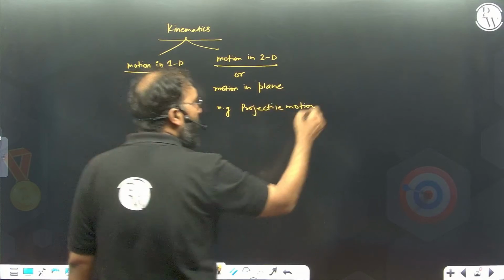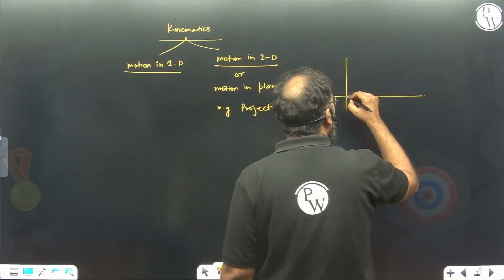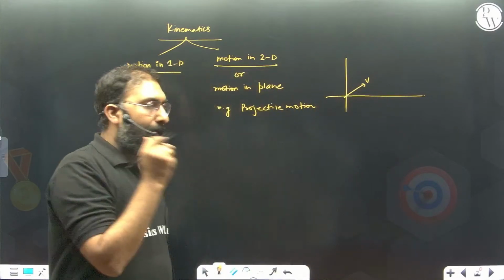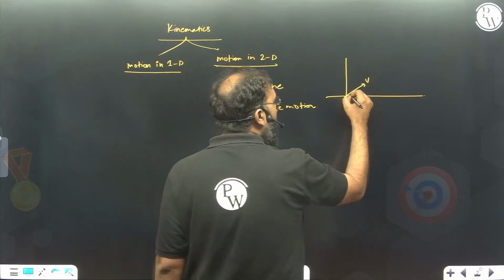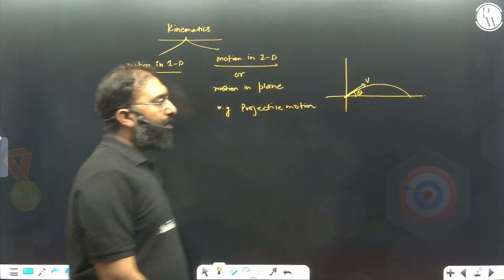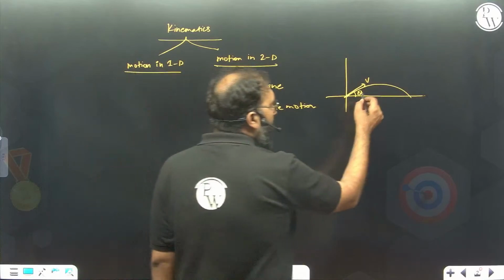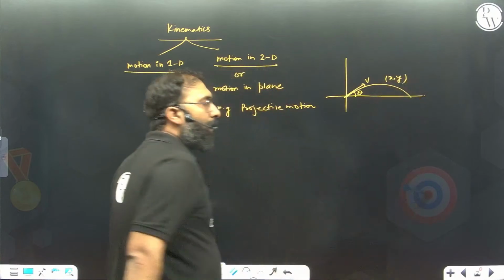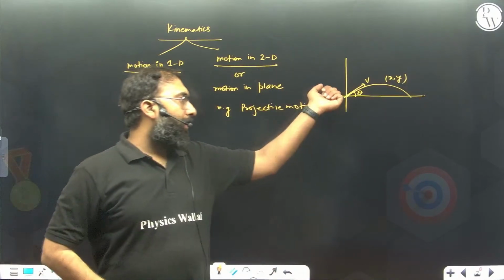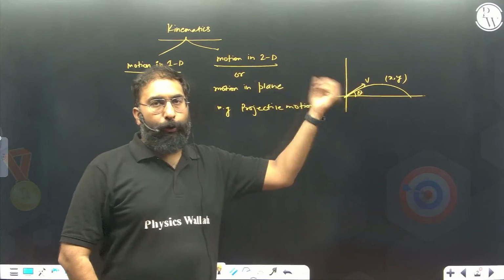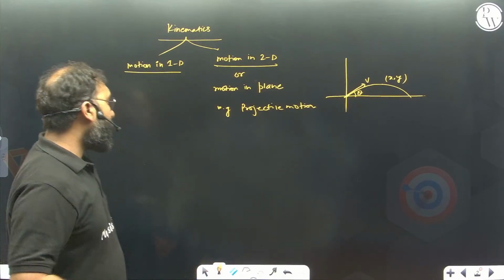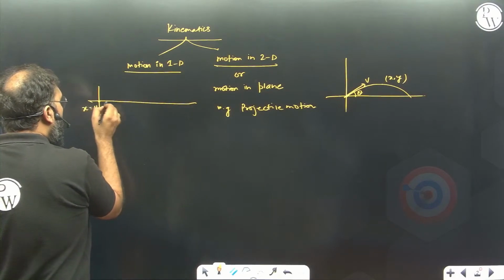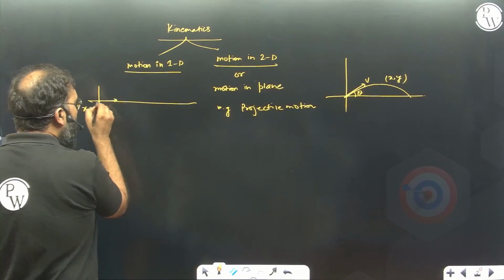In projectile motion, what will happen? A particle will be projected from somewhere here with some speed u at an angle theta. It is going to follow this kind of trajectory, and at any instant we can write the position of the particle by two coordinates, x and y. Here, let's say this is the point x equals 0, and a particle starts moving along this straight line.